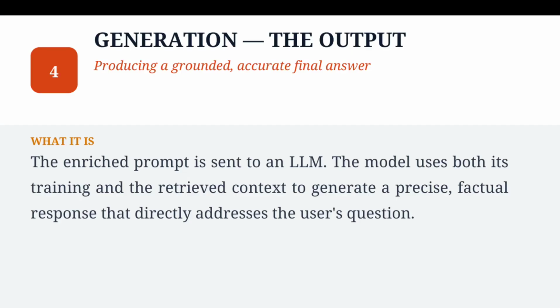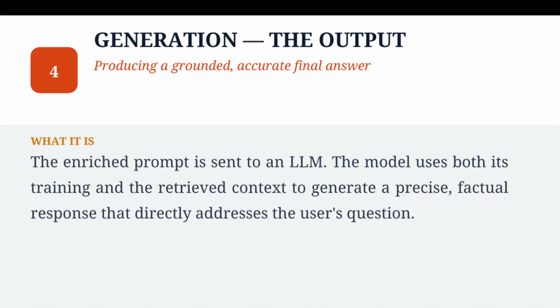Okay, last phase, phase 4 is generation. The enriched prompt, question plus retrieved context, gets sent to the language model. It could be GPT, it could be Claude, it could be Gemini, whatever you are using. Then the model does what it does best, language reasoning and generation.